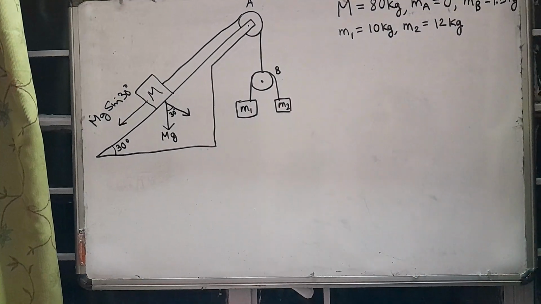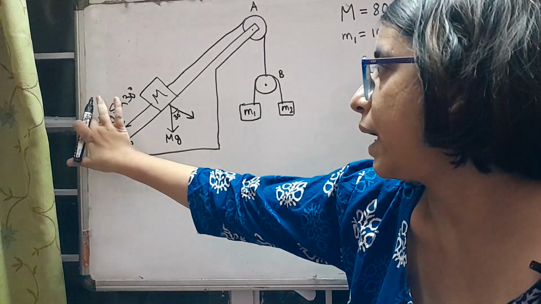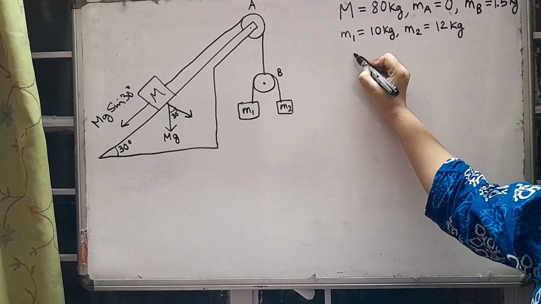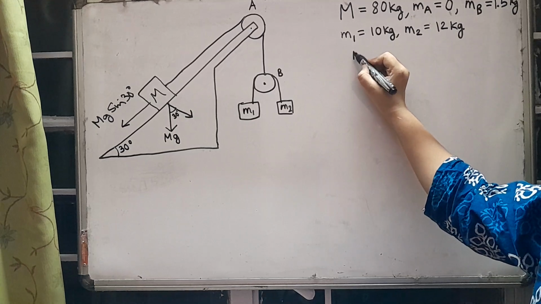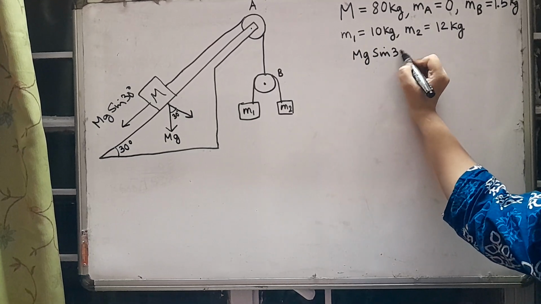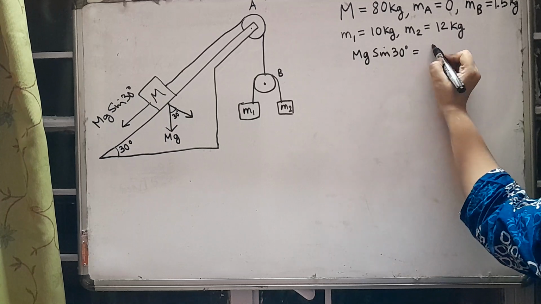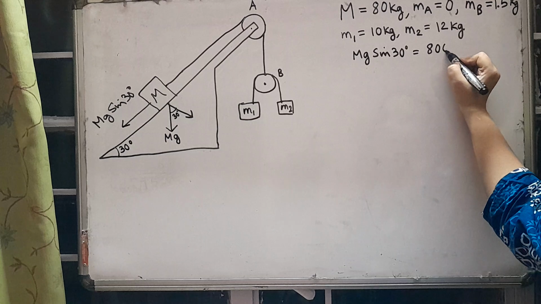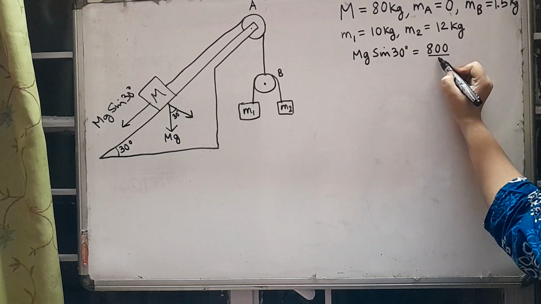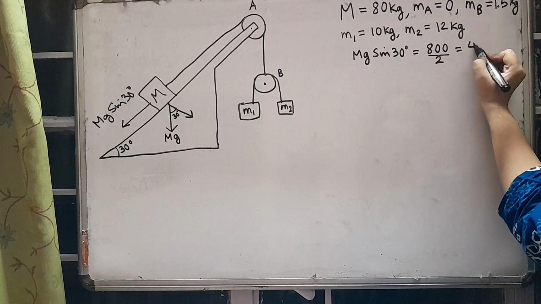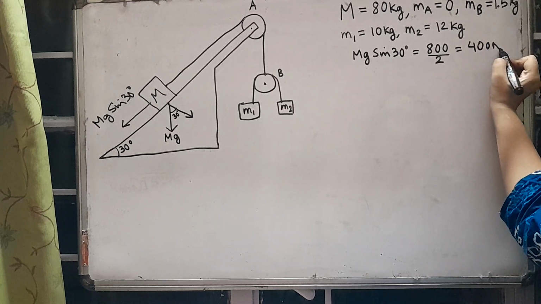If I calculate the value of Mg sin 30, how much will it be? 80 into 10, g is 10, multiplied by sin 30, which is half. So this will be 400 Newton.